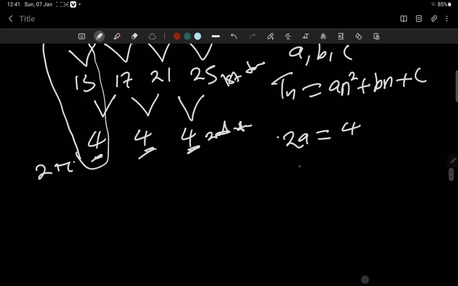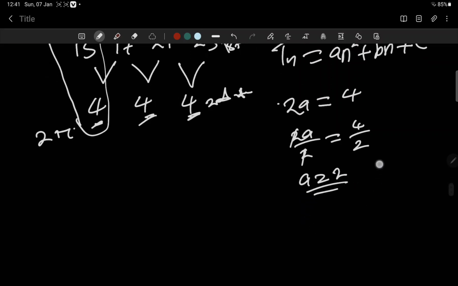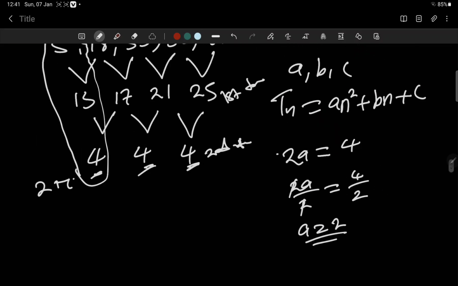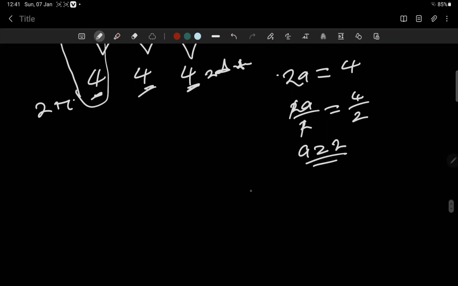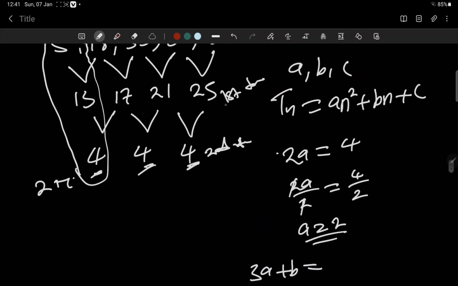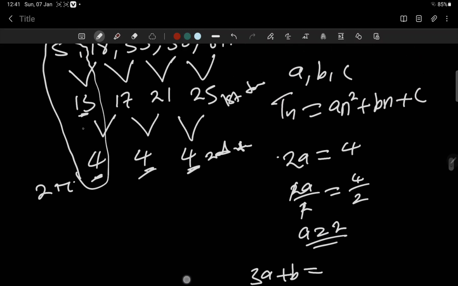Then we need to solve for a. Divide both sides by 2. 4 over 2 is 2, so a equals 2. And now we need to find b. To find b, 3a plus b equals the first term of the first difference, which in this case is 13.